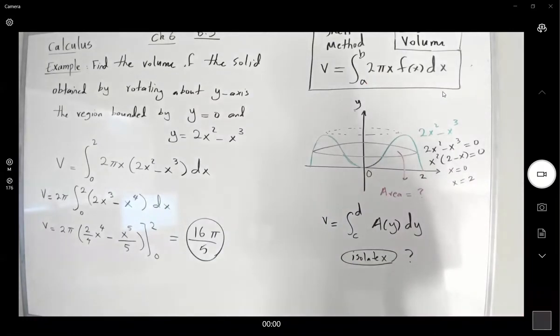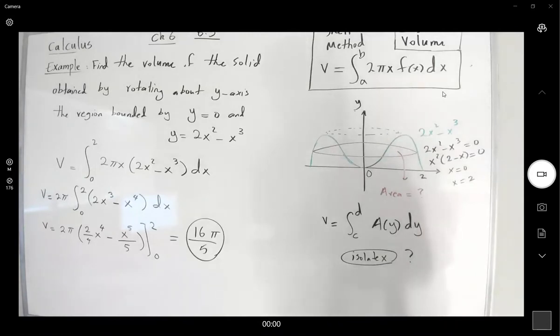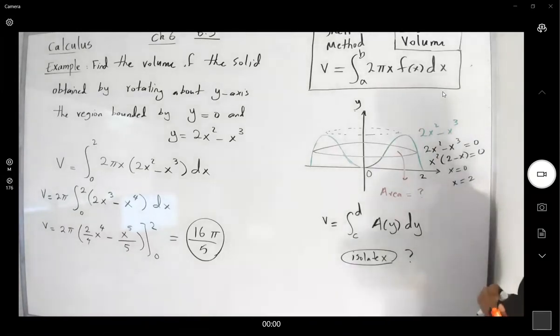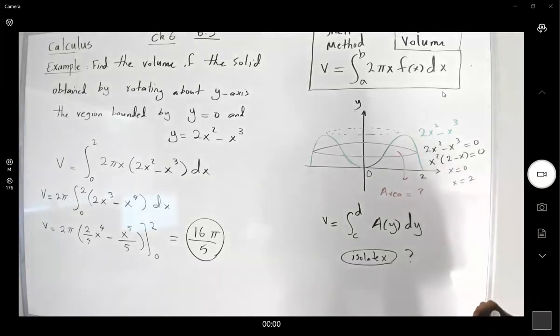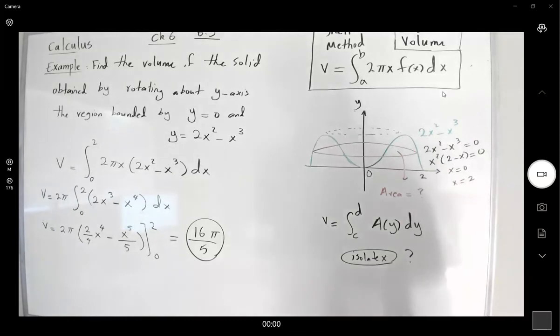So instead of using the area, we're using the circumference. Remember the formula, 2 pi x and then f of x, circumference times the height, and we are adding the areas that we have, then using the Riemann sum, taking the limit, we're defining the volume.